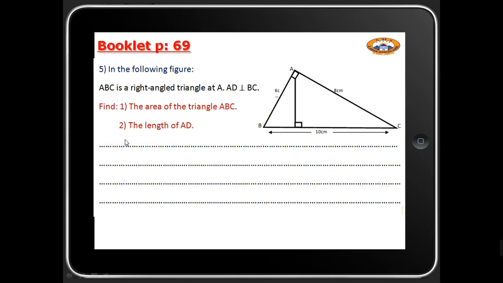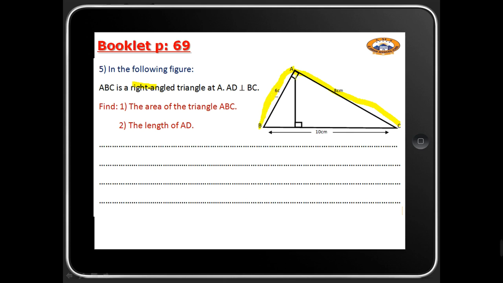Now with the last exercise in the following figure. By the way, this is also a very important exercise. ABC is a right angle triangle at A. Wait. When he tells you this is a right angle triangle, this is a very important note. A right angle triangle means that we have this side and this side, and they are the height and the base of the triangle.